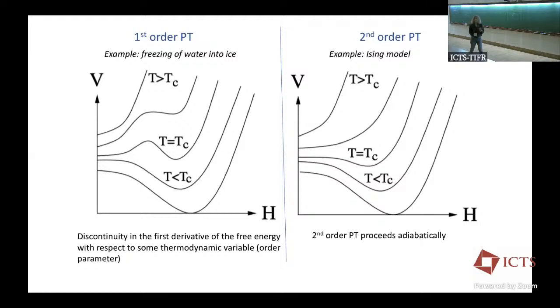Already before, Alberto, I think, put this plot about first and second order phase transitions. And of course, you need only first order phase transitions for gravitational waves. Second order phase transitions are adiabatic, so you do not have a production of gravitational waves.